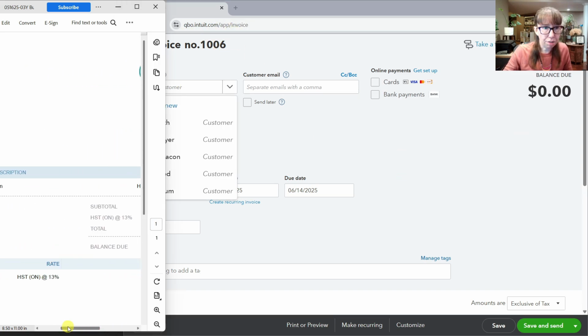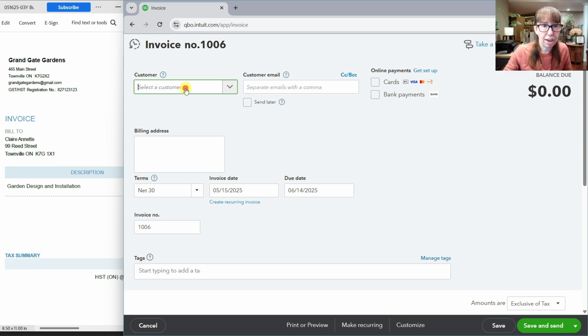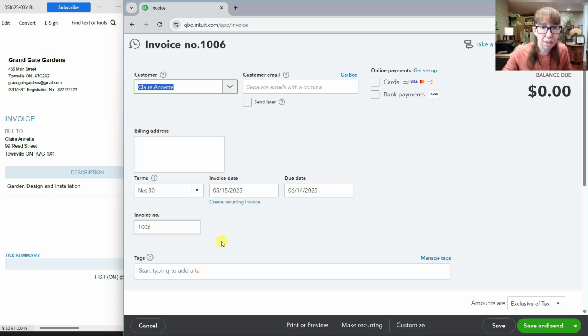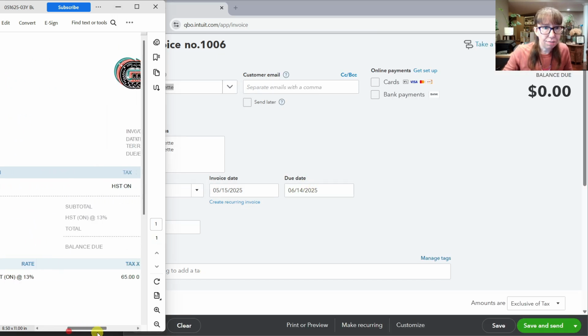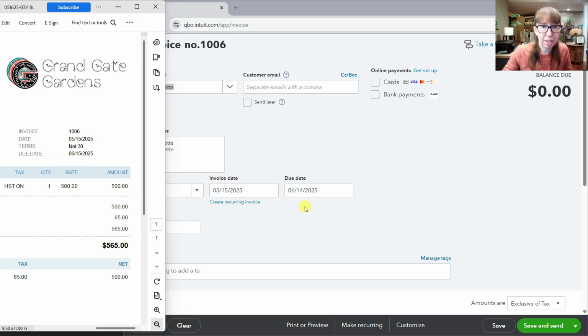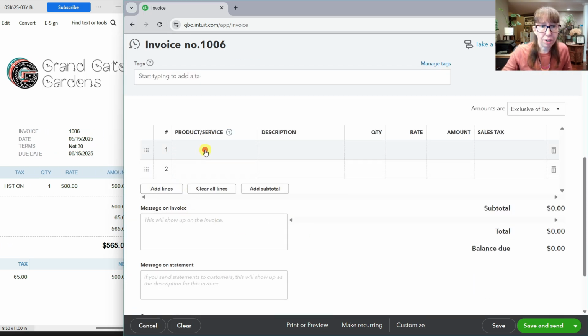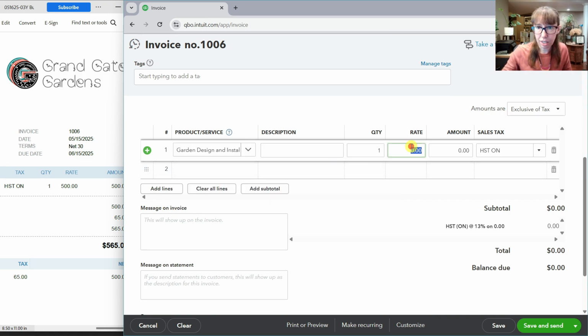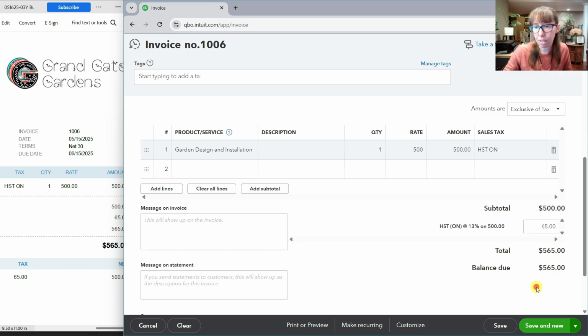The name of the person is Claire Annette on Reed Street. Save. The date of this invoice is May 15th and the amount is 500 plus tax. This is garden design and installation for 500 plus tax. We're going to go save and new because there were two in there.